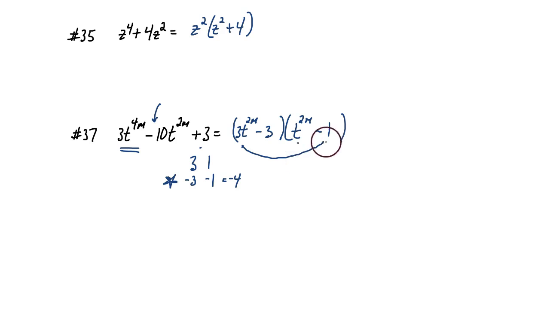3t to the 2m times -1 is -3t to the 2m. And the inner product is -3t to the 2m. These combine to -6t to the 2m. That's not what the middle term is. It's -10t to the 2m. So that didn't work. Maybe we should have put the -1 first and the -3 over there. Let's erase and try that.